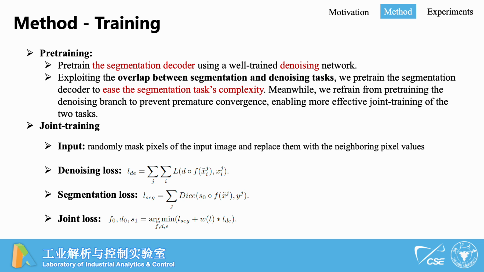We aim to ease the complexity of the segmentation task and enable more effective joint training of the two tasks. During the joint training phase, we follow the noise-to-void scheme for both input processing and denoising loss calculation. For the segmentation task, we employ the standard dice loss. For the joint loss, a weighting function is employed to enable the denoising loss to gradually start working during the training process.